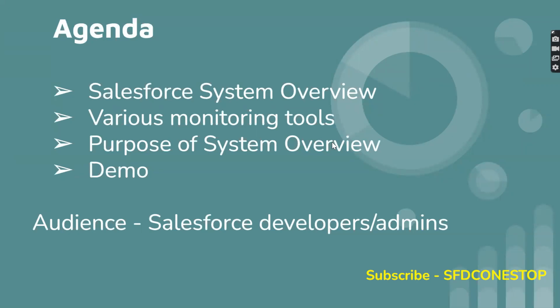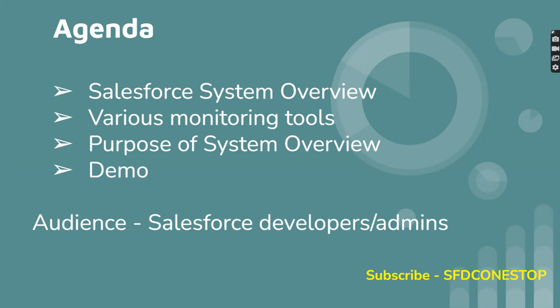Salesforce provides a variety of ways by which you can keep a tab on activities in our organization, like the Lightning Usage app. We have already done a video for this Lightning Usage app, so you can visit our channel SFDC One Stop and go through this specific video wherein we have covered in detail why we need this app, what is the purpose of it, and various other topics.